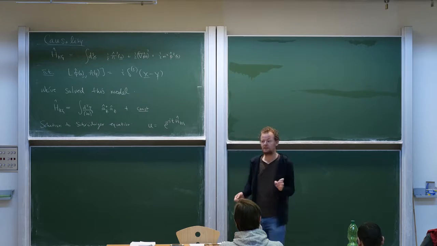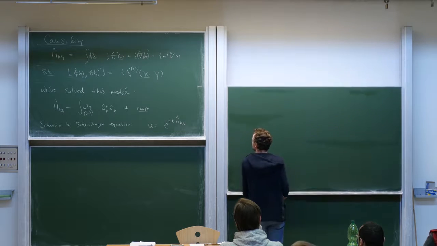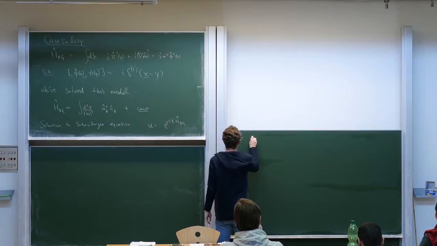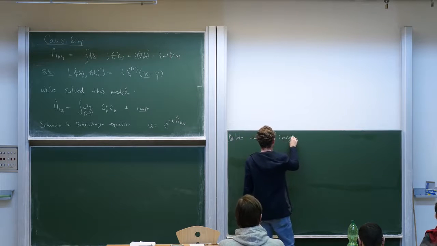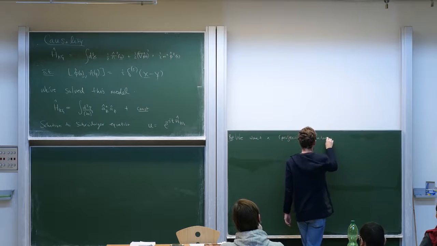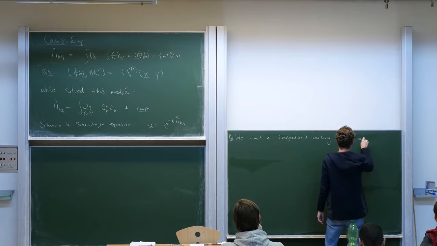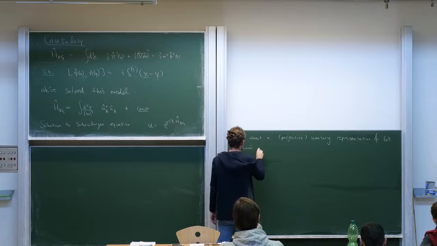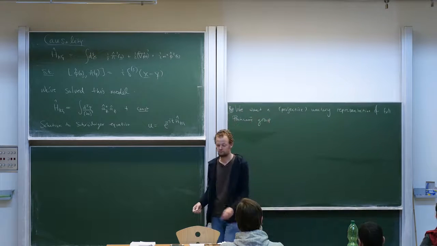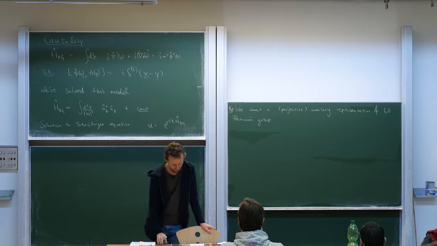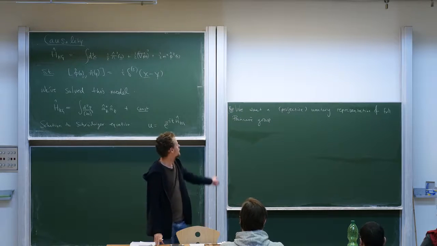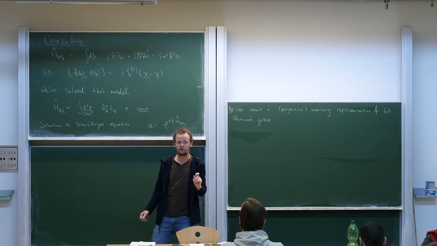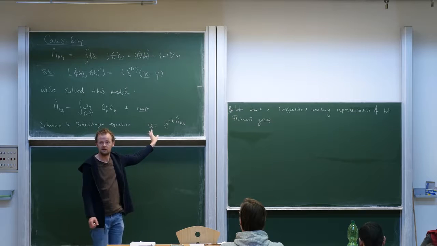But we're doing relativistic quantum mechanics, and this is only part of the story, because to call our theory a relativistic quantum theory, we want a projective unitary representation of the full Poincare group, and just knowing the solution to the Schrödinger equation isn't enough to give us that.